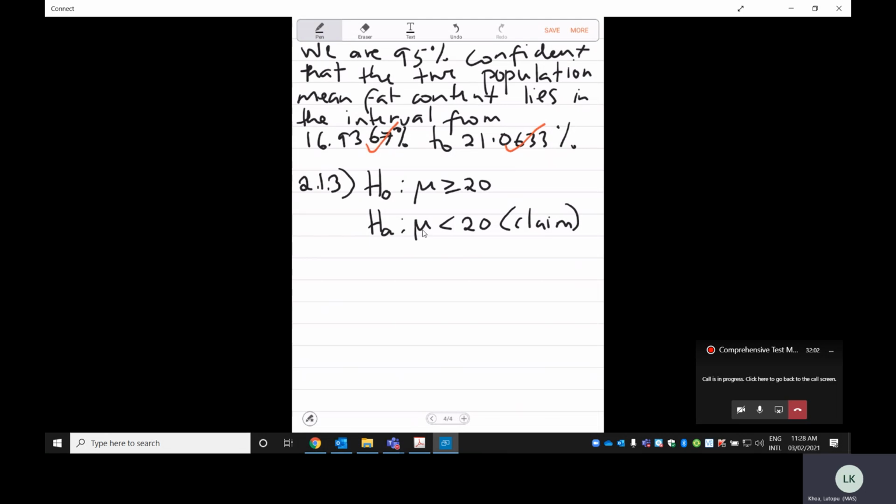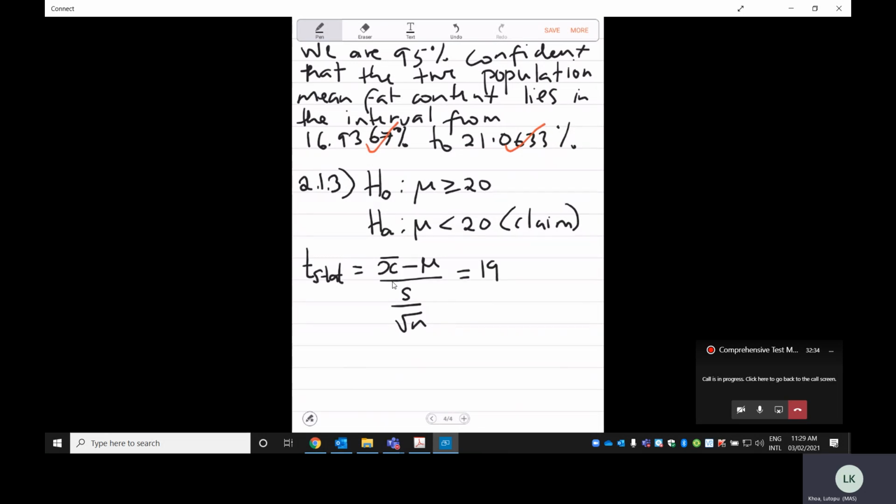Okay, so that's the first step. We have our hypothesis. Then the next thing is our test statistic. So this was step 1. Step 2 is our test statistic. So here we use T stat. This is given by x bar minus mu over s over square root of n. And we have all of these. So we just substitute.